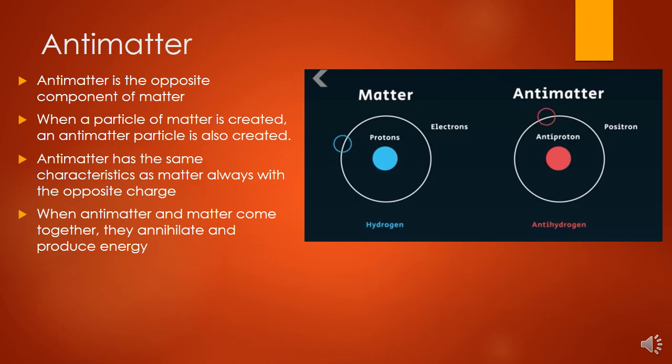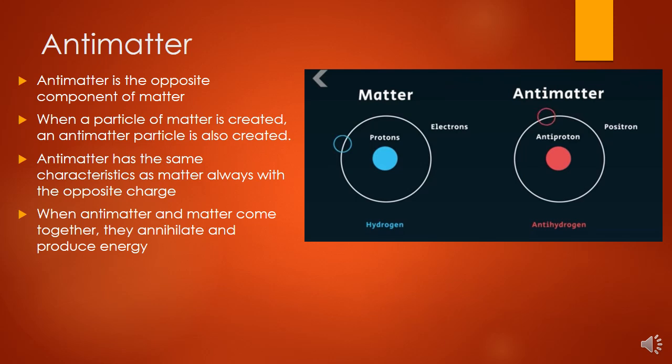So if an electron is matter, the anti-electron, which we call a positron, is the exact same thing, but it has a positive charge. And a proton normally has a positive charge, so an antiproton has a negative charge.